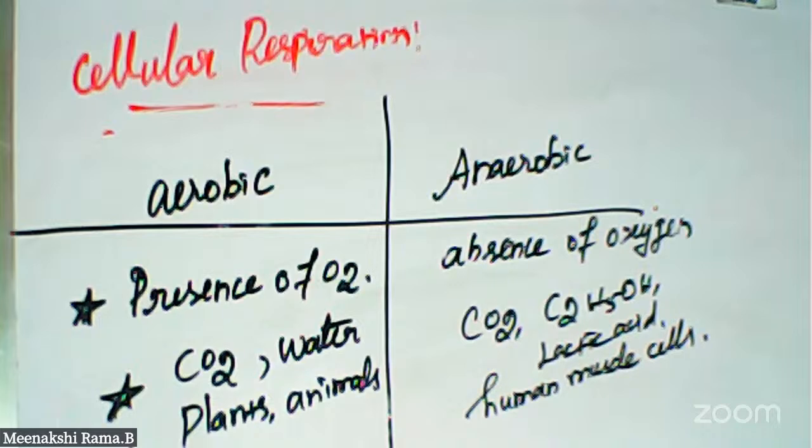The organs joined together to form the respiratory system in the human body are the trachea, lungs, and so on. But cellular respiration is our topic. I explained what cellular respiration is and its classification, aerobic and anaerobic. Now I'm going to explain this topic with the help of a simulation.